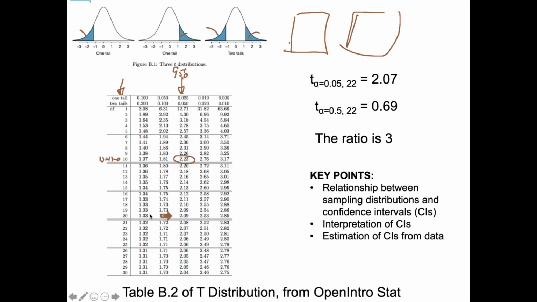My standard deviation from my sample gives me a better idea what the variability is. So my margin of error can be smaller and my t-score can be smaller. So now I would use 2.09.